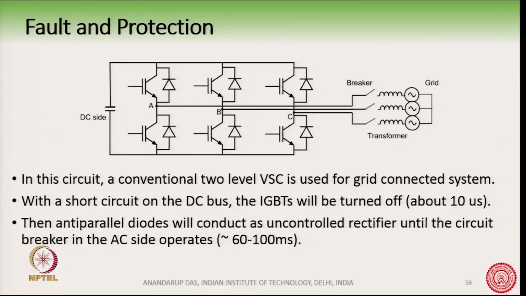Other types of faults, for example, suppose what I have shown here is a typical voltage source converter connected to the 3-phase grid. In this converter you can have many types of faults, for example a line to line fault on the grid side.